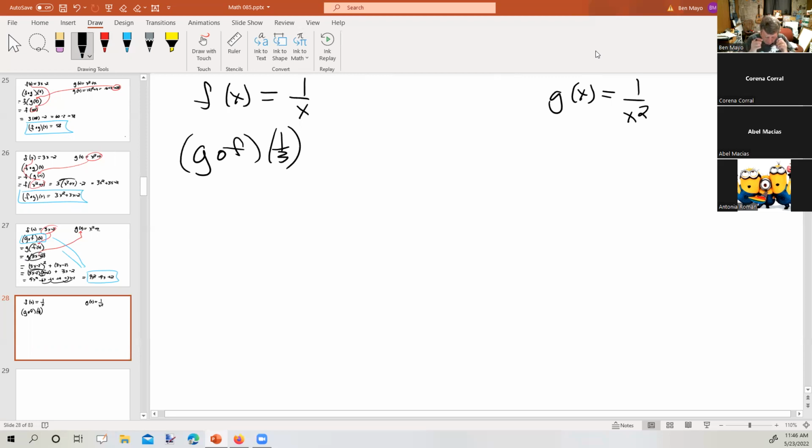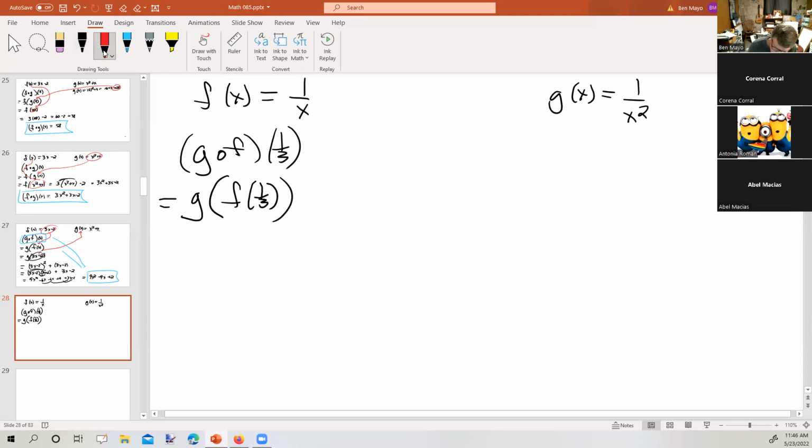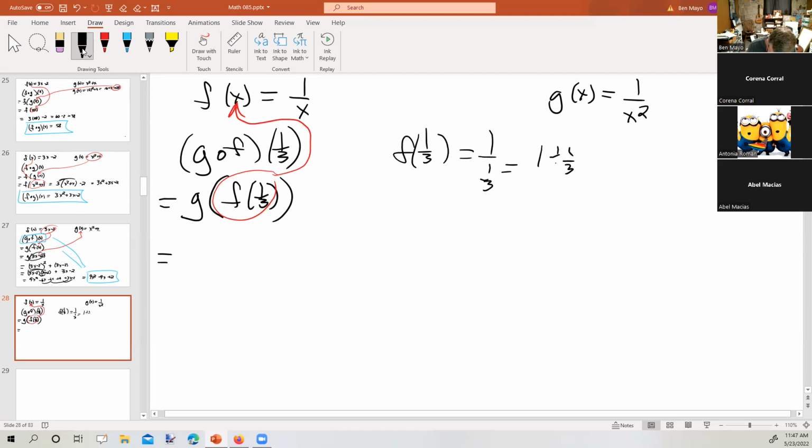So that's equal to g of f of 1/3. F of 1/3, we're going to put 1/3 right there. If we put 1/3 right there, f of 1/3 would be 1 over 1/3, which is 1 divided by 1/3, which is 1 times 3 over 1, which is 3. So that equals 3.